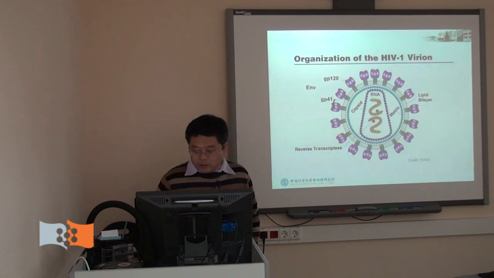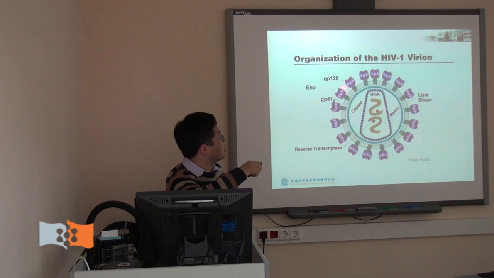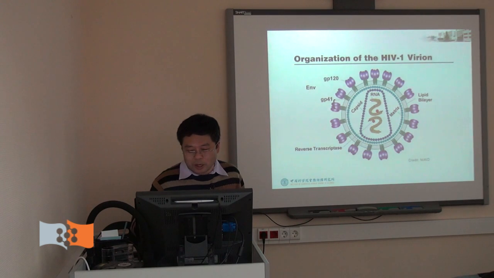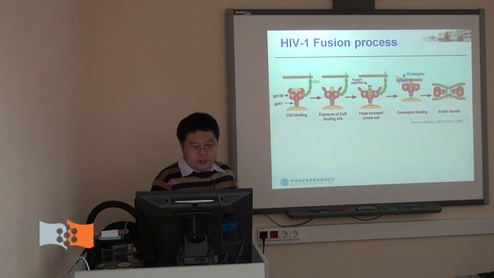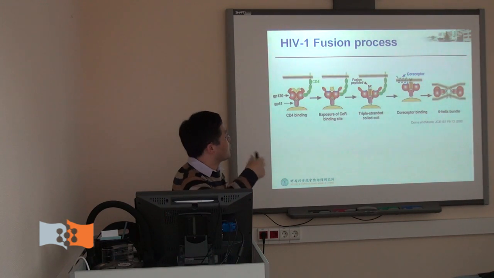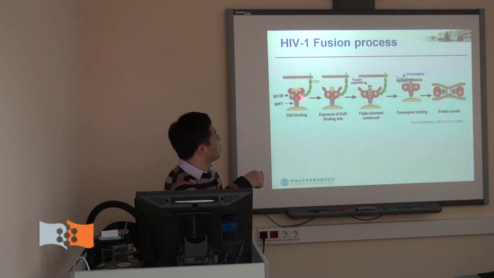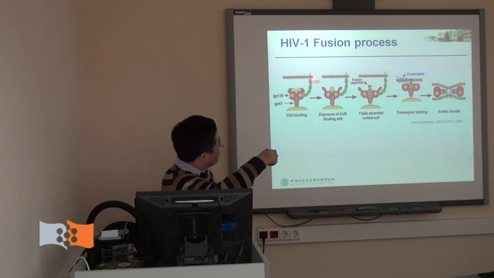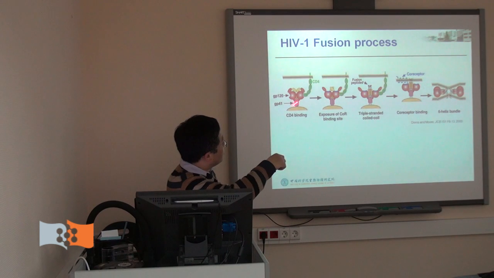What we are interested in is how GP120 and GP41 are organized as a trimer. Why? Because this is important for HIV infection. This is the HIV fusion process. There is a target cell of this virus.